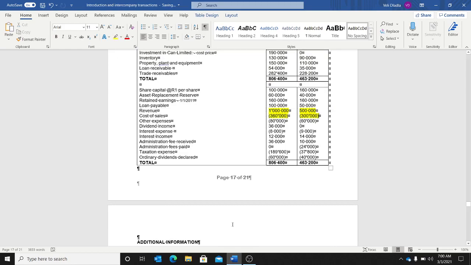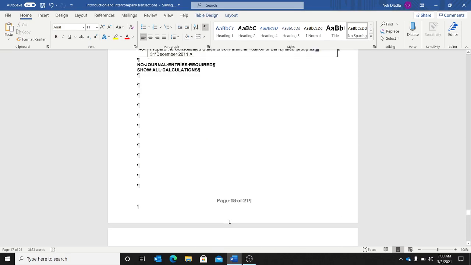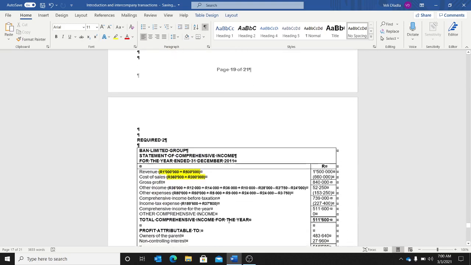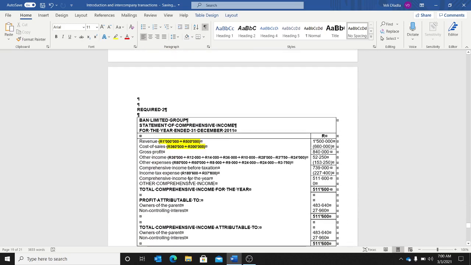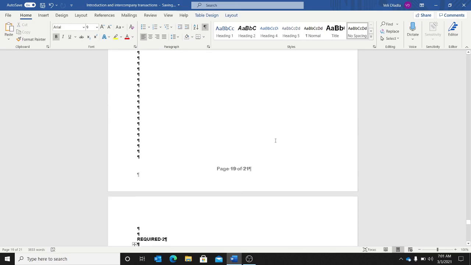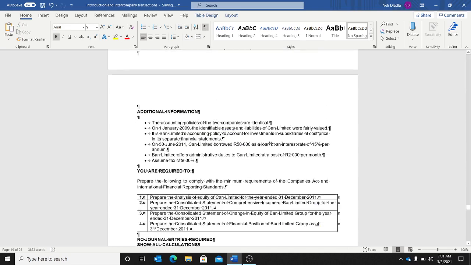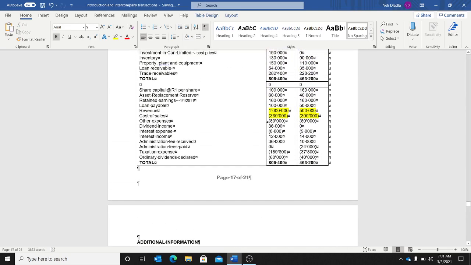Okay, then let's go to other expenses so that we just highlight figures that are there. In other expenses, there's an 80 and a 60, which is these two. There we go. 80 and 60. Here they are. These two.